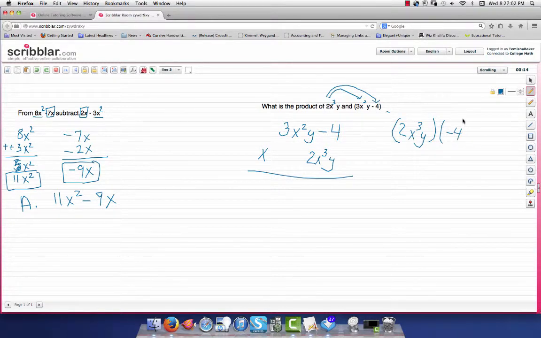And it's -4 because you take the sign that's in front of it. And then I'll take this 2x cubed y and multiply it by the other term. So 2x cubed y, and I'm going to multiply it by 3x squared y. Not -4, I've already done the -4.